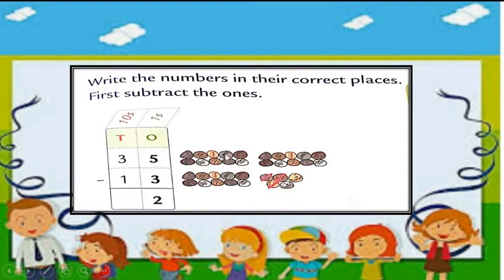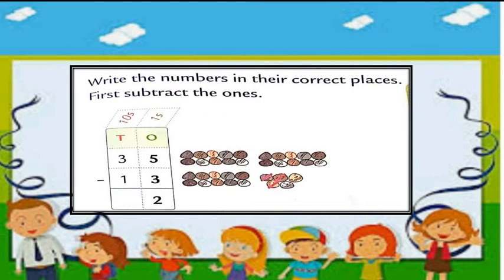This is a bunch of 10 stones. 1, 2 and 3. 3 tens means 30. And 1, 2, 3, 4 and 5 loose ones. That means we have 35 stones here.